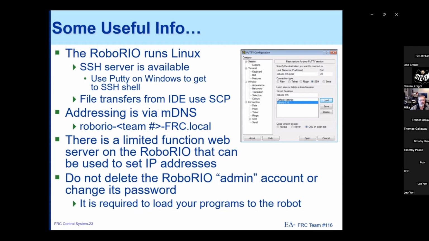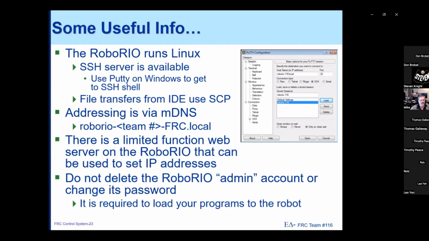The name of the robot by default will be roborio-your team number-frc.local. So if you go to a web browser and you wanted to talk to the RoboRio's web server, then you would simply type in http://roborio-116-frc.local, and it would automatically find your RoboRio.